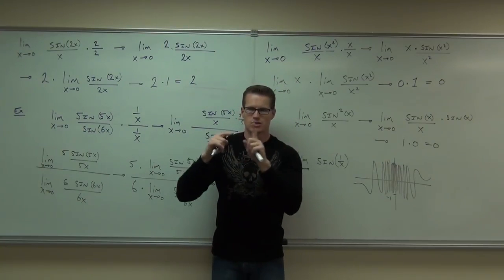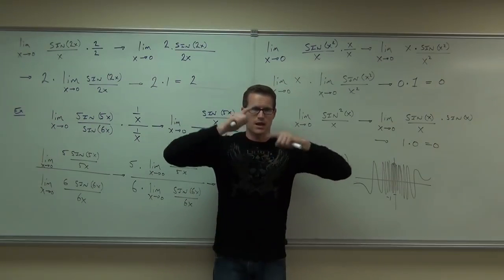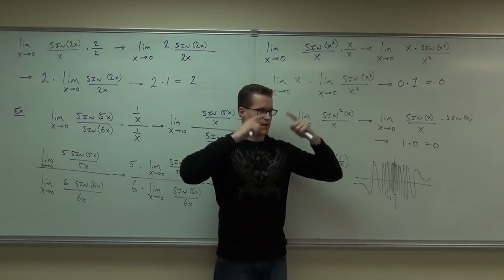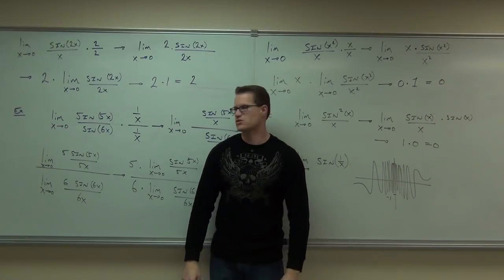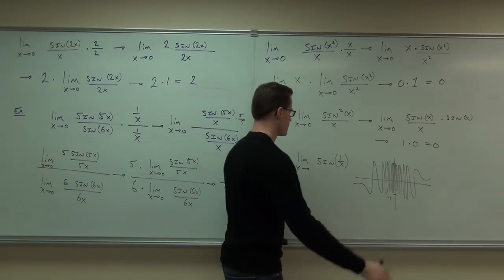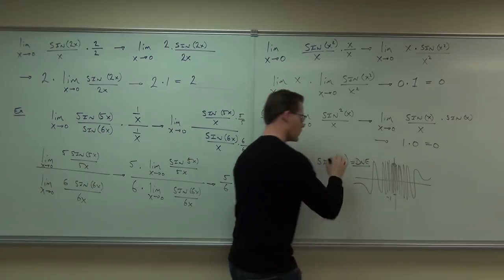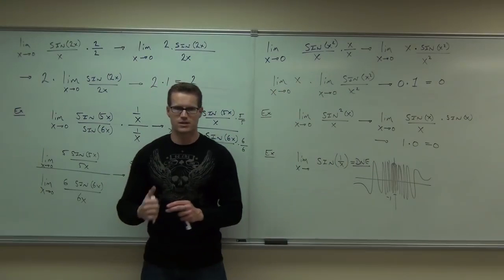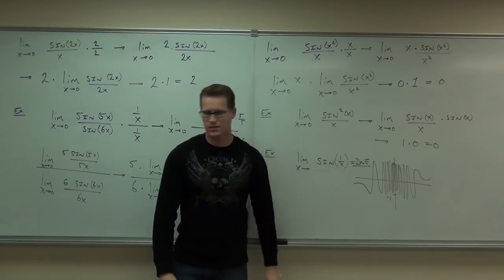As you get closer, it's still oscillating faster and faster. By the end, it's just crazy. You can't see it, it's going so fast. So, is the limit going to exist? The answer is no, it doesn't exist. Sine of 1 over x does not exist. If you ever see that, just sine of 1 over x, that doesn't exist.